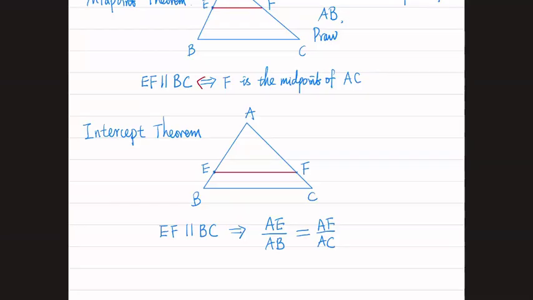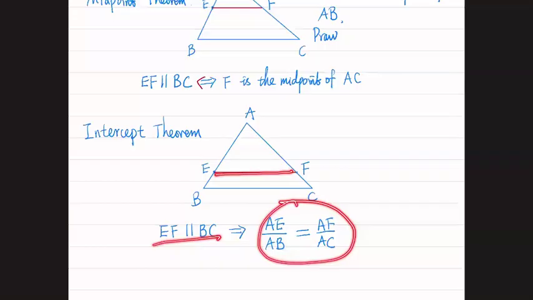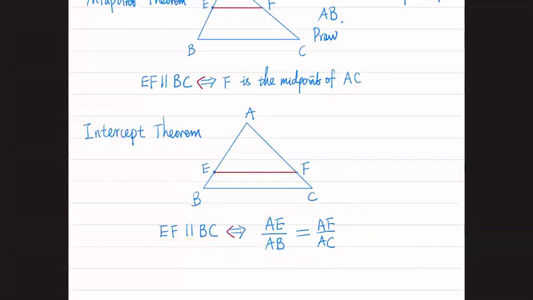But we also verified if the two ratios are the same, this line must be parallel. So we go the other way. The intercept theorem now becomes a theorem about necessary and sufficient condition.